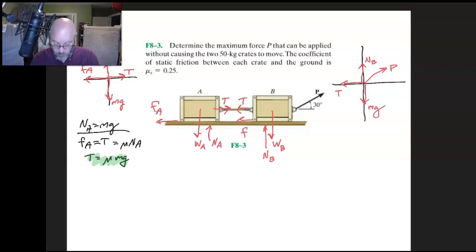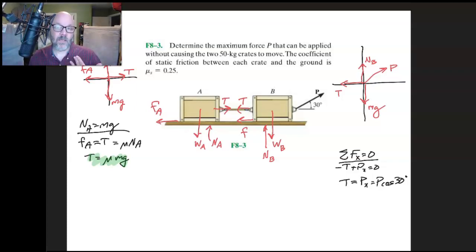Now if we look at what's happening in the x direction, if we sum those forces, I've got minus T plus P sub x is 0. Or T is equal to P sub x, but P sub x is P cosine 30 degrees. So that's where our horizontal forces got us.